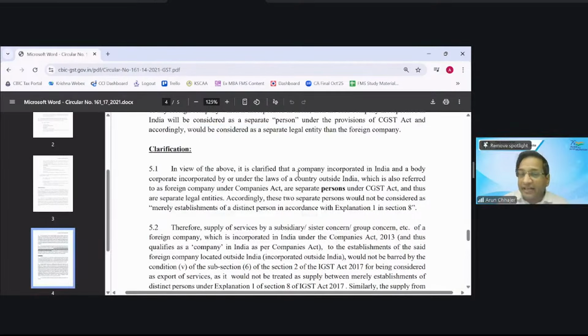In view of the above, it is clarified that company incorporated in India and body corporate incorporated under the law of the country outside India, which is also referred to as a foreign company in Companies Act, are separate persons and thus are separate legal entities. Accordingly, these two separate persons would not be considered as mere establishment of distinct person in accordance with explanation 1 to section 8.